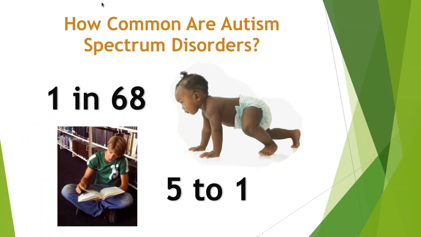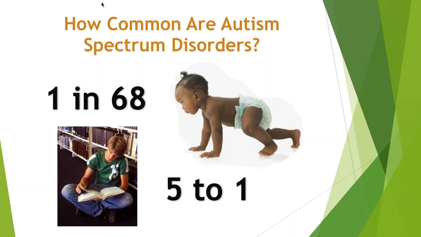For example, in the year 2000, 1 in 1,000 children were identified as having autism spectrum disorder. Currently, that prevalence rate is 1 in 68. So within the last 15 years, you can see the dramatic increase in the prevalence of autism spectrum disorders.